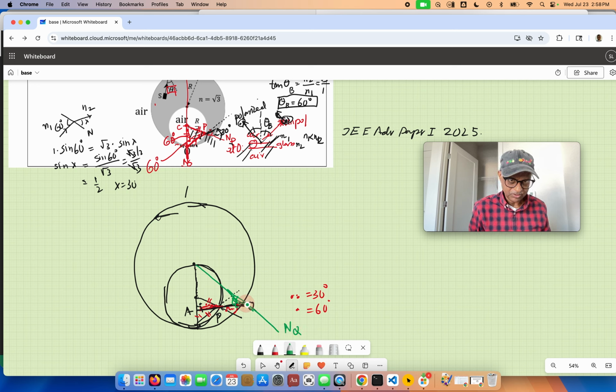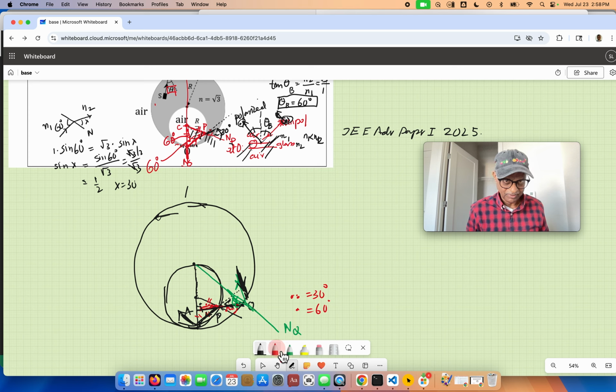In the original direction, it must have come from here, and then it went horizontal, and then went like that, and then it came out like that.